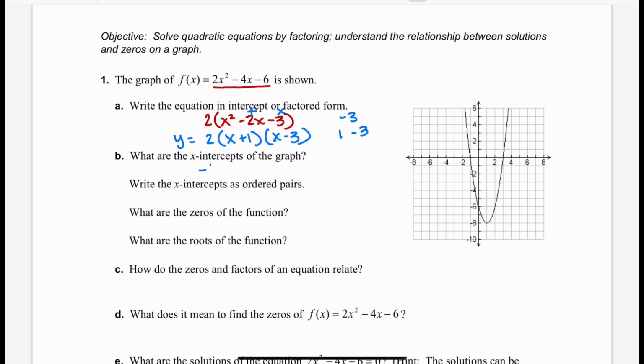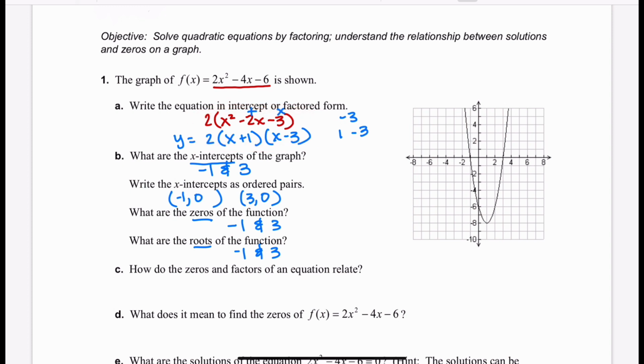Now, if we were to write these as ordered pairs, we would have the point negative 1 comma 0 and 3 comma 0. So if I ask you what the x-intercepts are, or the zeros or the roots, those are all the same thing. These are all going to be found at negative 1 and 3 if we are given that same equation right here.